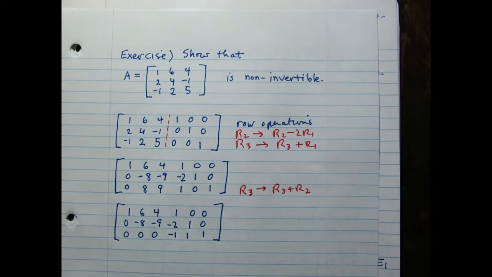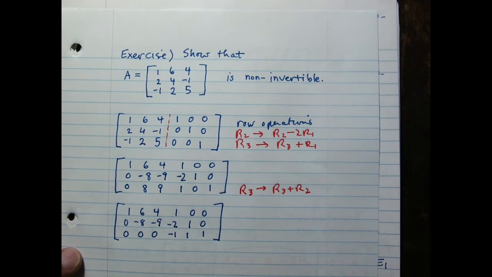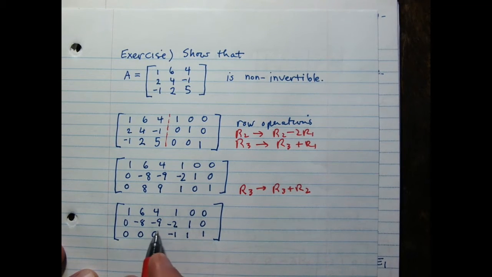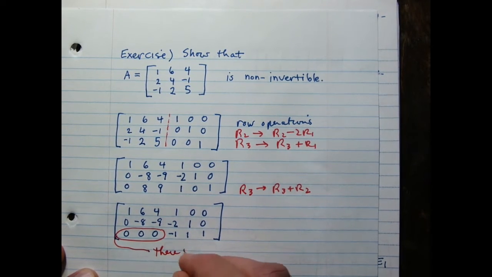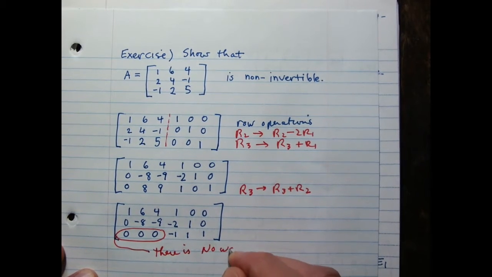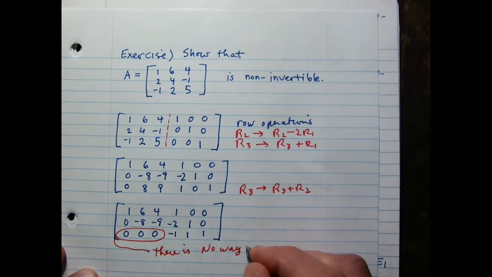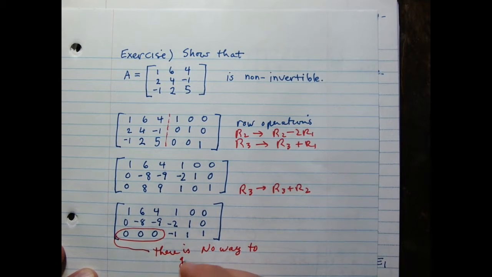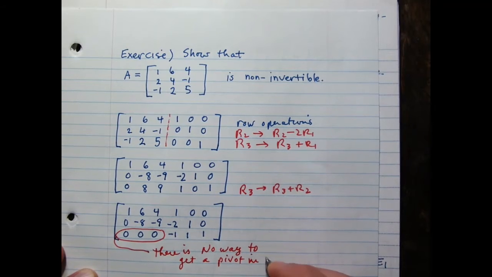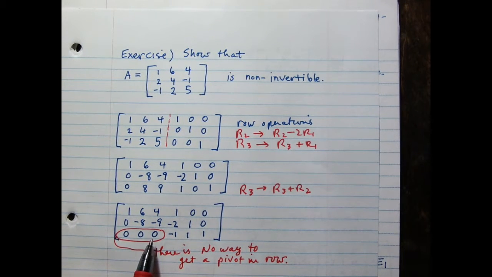And here's where I have to recognize that there's some trouble, because there's no way to get a pivot position down here, to get a pivot in row 3, or to get a 1 in row 3, or to get 0, 0, 1 at this point.